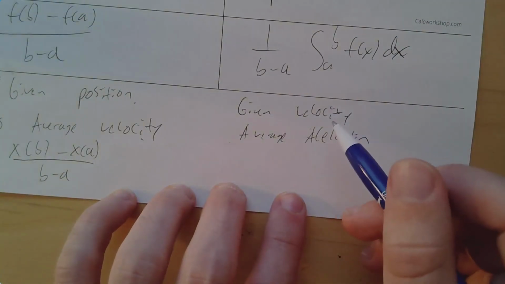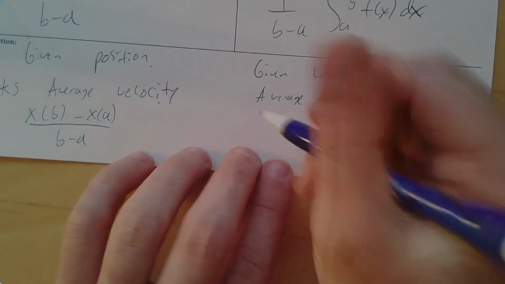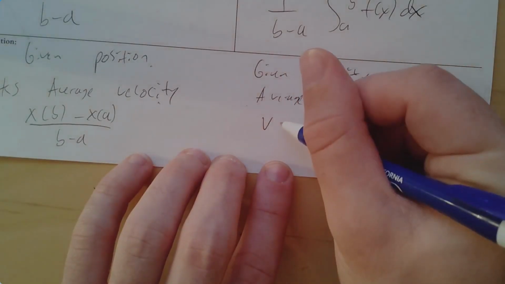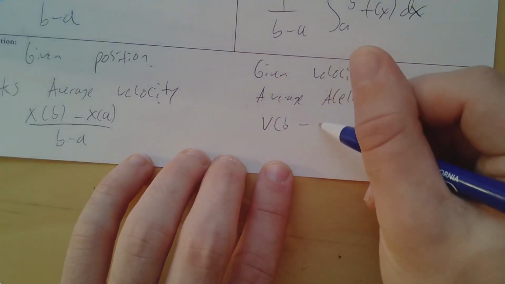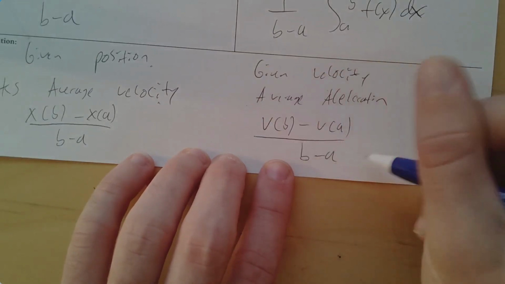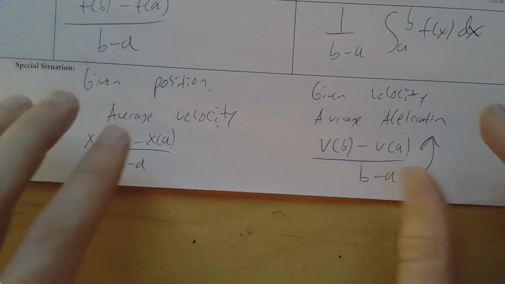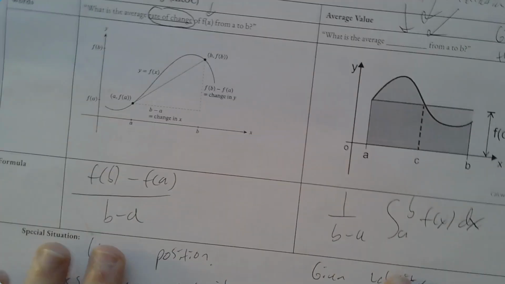Or you could just do v(b) minus v(a) over b minus a. That is average acceleration. Hope you understand that. If that wasn't clear, just stick to that top one, or you can give me a text: Mr. Kelly, explain that, please.